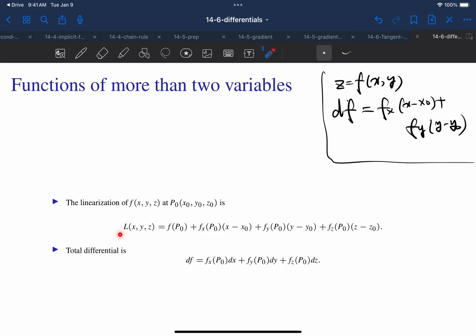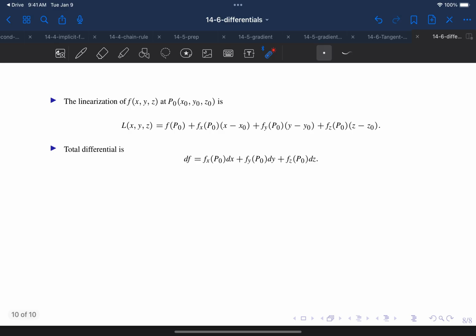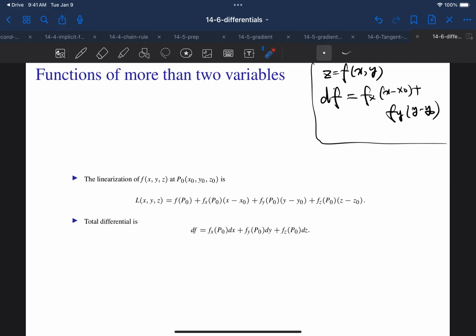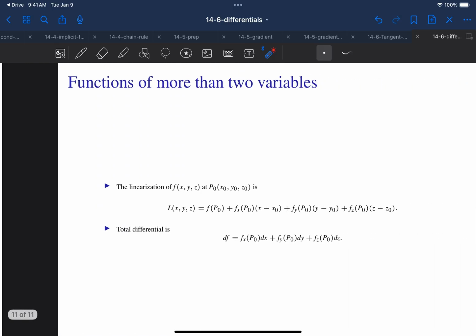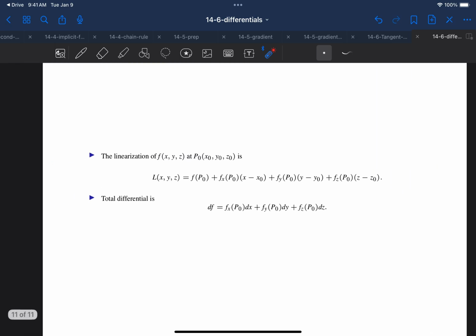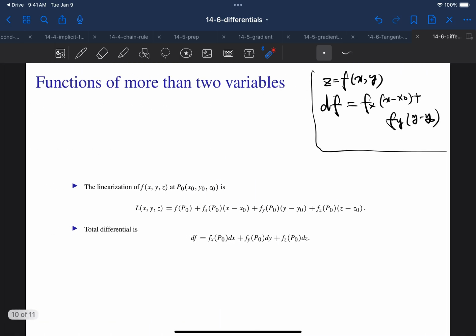And of course, the linear approximation of f, which is written as L, the linearization, is this total change plus the existing value. So that's the way to linearize multiple variable functions. And that's pretty much all, and we're going to stop here.